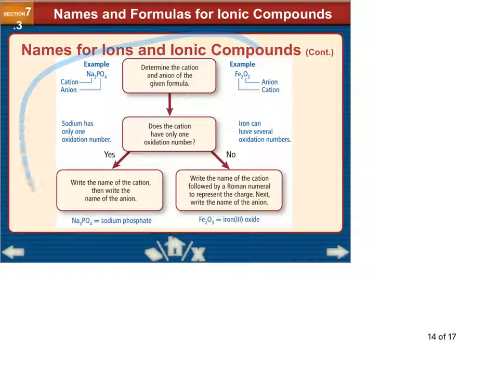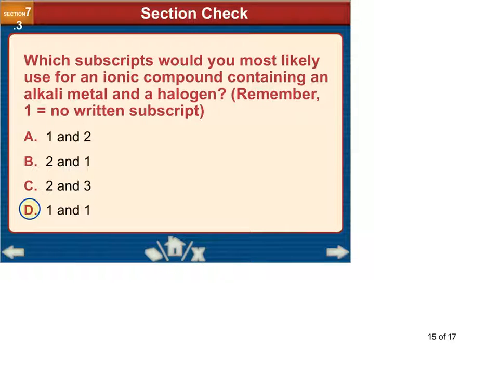Here's a little flow chart that might help you to write out your names and figure the formulas up for ionic compounds. In class, we will go through a lot of examples of how to write formulas for ionic compounds. What subscripts would you likely use for an ionic compound containing an alkali metal and a halogen?